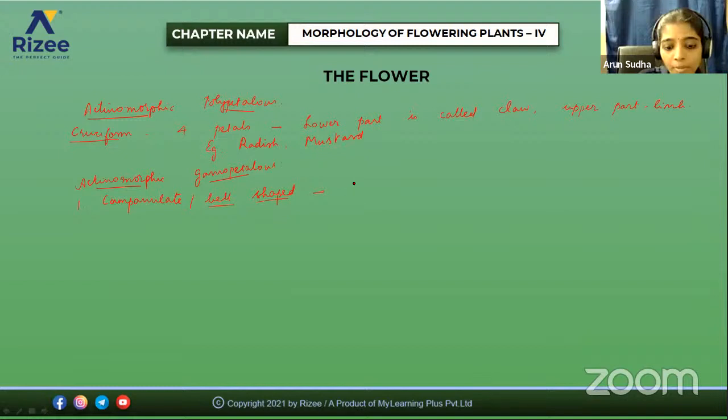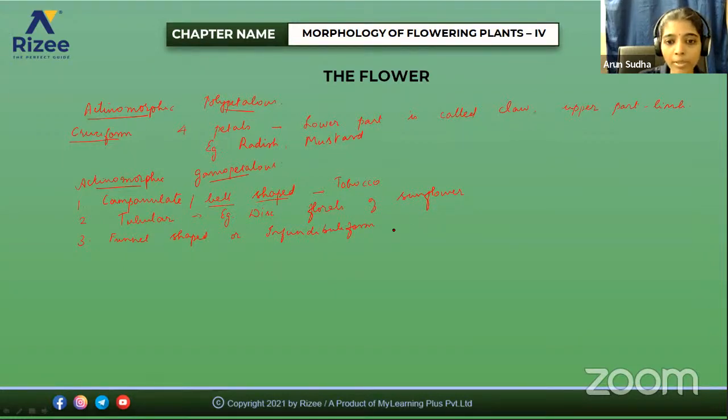So this also has 5 fused petals. This is the florets of sunflower. Then the third type is funnel shaped or infundibuliform.